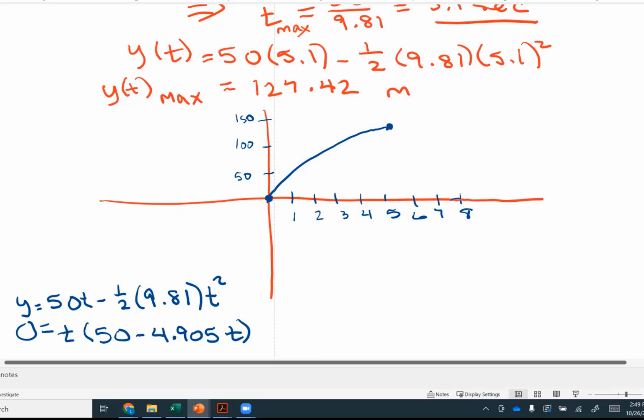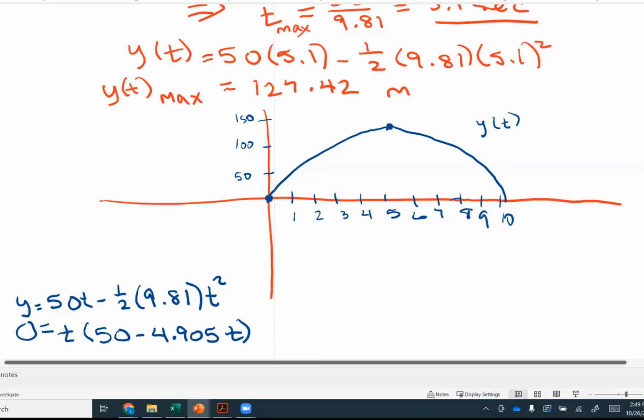Let's do this. Let's just extend this. 5.1 plus 5.1 is 10.2. So that means I need to go a little bit further. 9, 10. There's my sketch of y of t. Remember, I know that the vertex is always in the center.